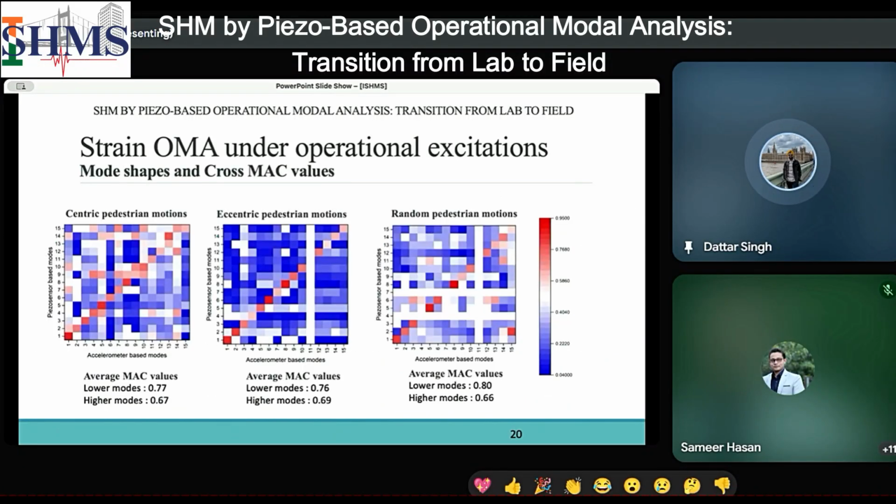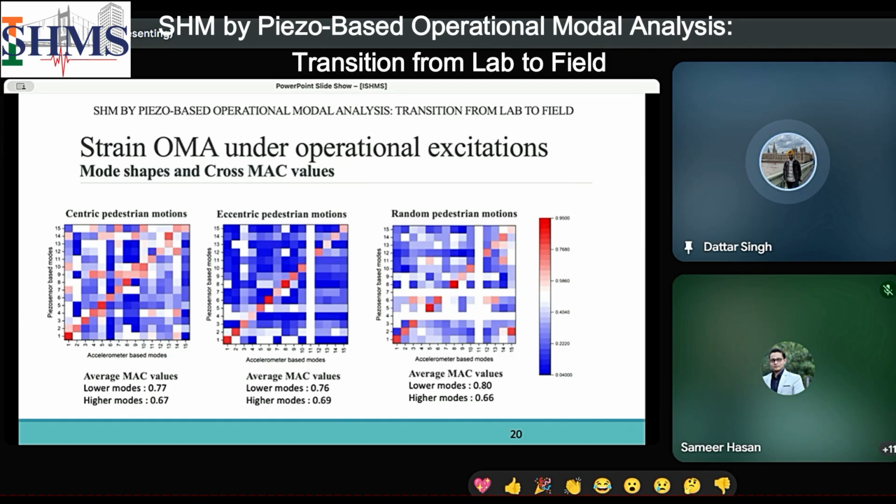Now again, comparing the mode shapes from both the sensors under all the three types of excitations, we can see that the corresponding diagonal elements of these heat maps provide values in the range of 0.8 to 0.95, again indicating very good correlation. Here the point to see is that we have the highest average MAC values for the lower modes in random pedestrian motions, while the average MAC values from higher modes are all comparable.